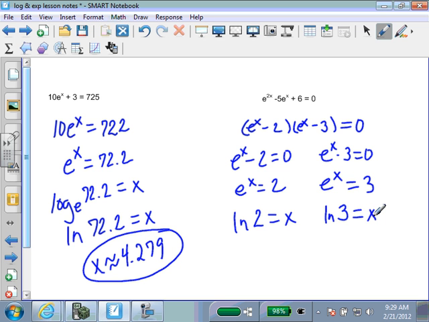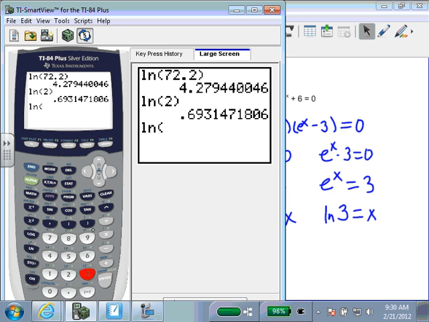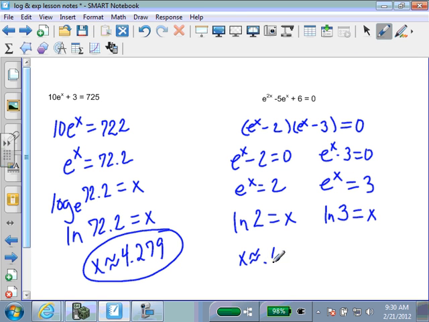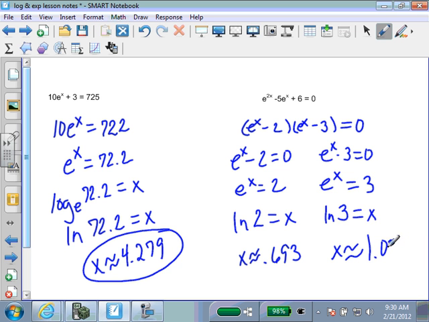So my x's are natural log of 2, or natural log of 3. So 0.693 or 1.099. So I have two possible answers.